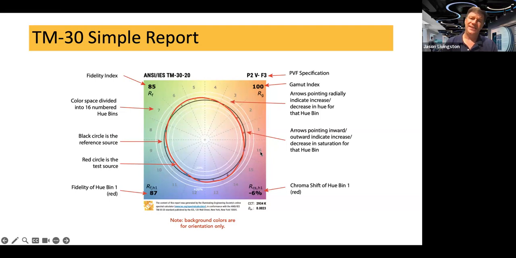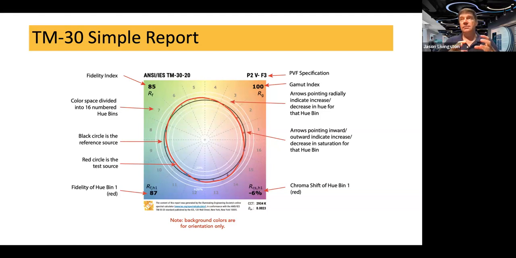There are also some reds in 16. We can see that 6 and 7 are where we would find greens. So that's for orientation. Now, in terms of saturation and hue, the black circle represents our reference light source, right? So it is there.